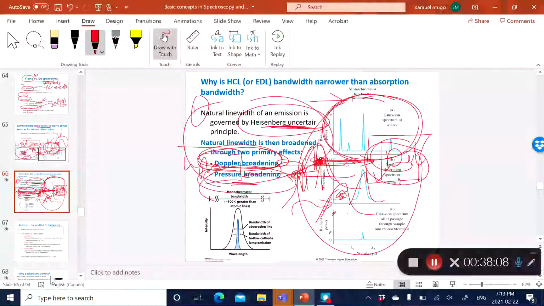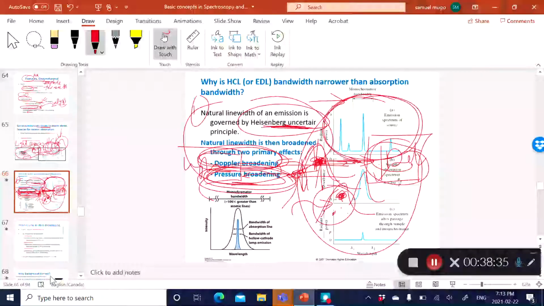Because of that, you create a pressure region, because of the violent nature of the atoms, and there's a broadening effect of the light source, again because of the different kinetic energies of the atoms within the flame.